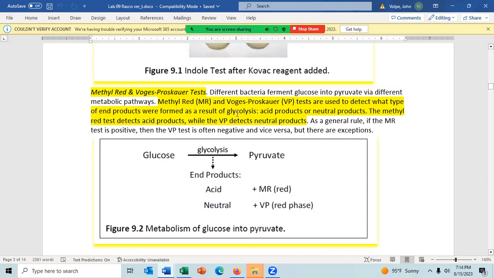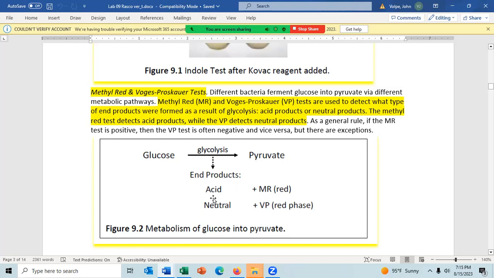Both methyl red and the VP test are detecting the end products of glycolysis. The methyl red is testing for acid products. The VP test is testing for neutral products. So glycolysis of glucose makes pyruvate, you know that. It also makes some other end products.